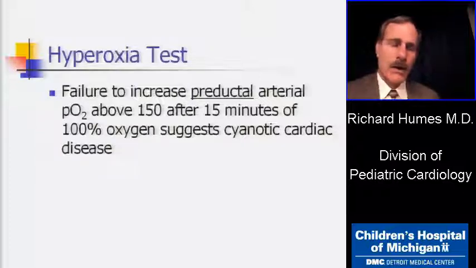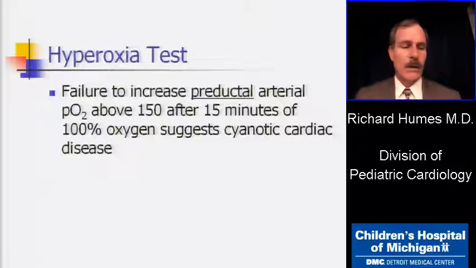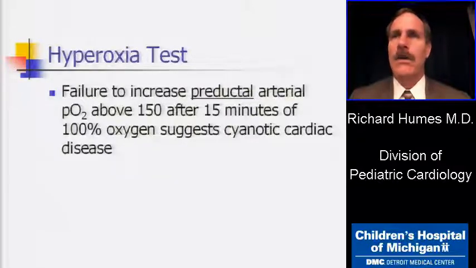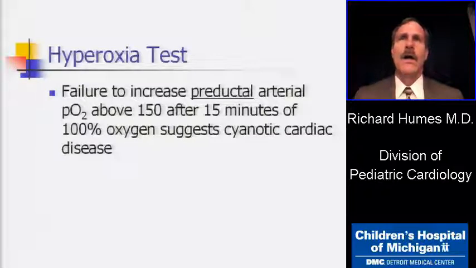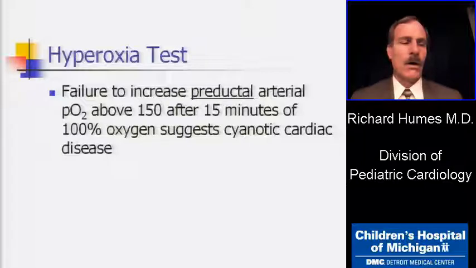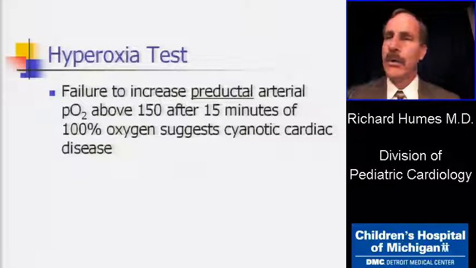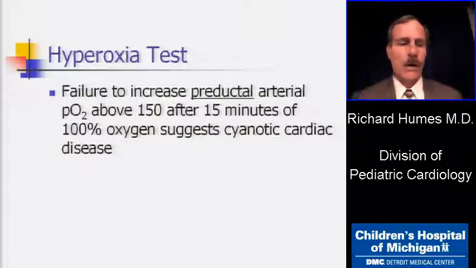When you suspect cyanotic congenital heart disease, we do a hyperoxia test, and a hyperoxia test is measuring the arterial oxygen levels, your PO2, in a patient on room air, followed by giving them 100% oxygen over 15 minutes. And a positive test is the failure to raise that PO2 above 150 after 15 minutes of 100% oxygen. And you should obtain this from a preductal location, which usually means up in the arms, not down in the legs.